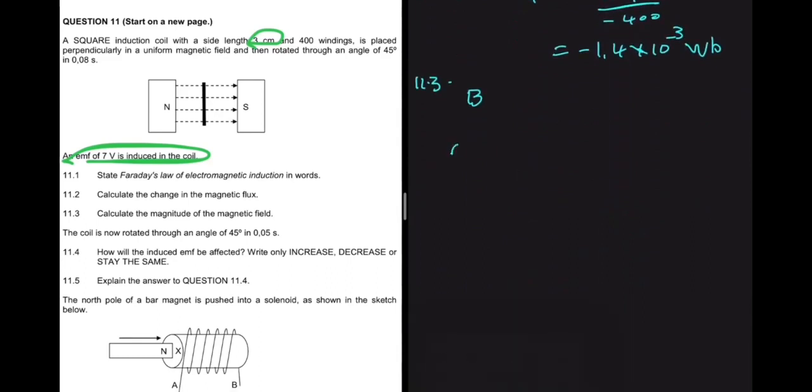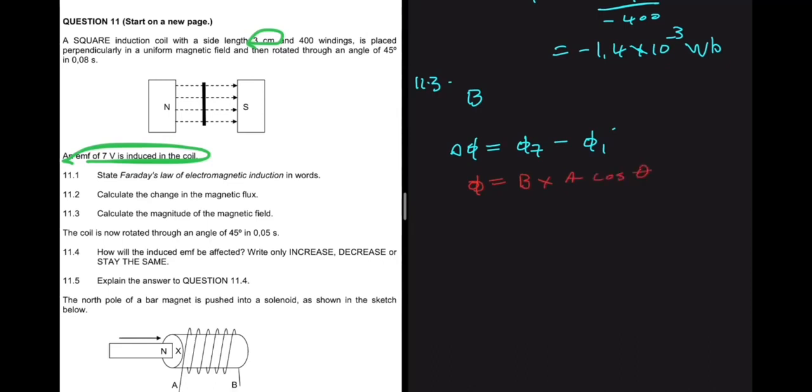The change in the magnetic flux, we've already established, is magnetic flux final minus magnetic flux initial. But then you have to ask yourself how we calculate magnetic flux initial and magnetic flux final, right? The formula for magnetic flux is the magnetic field multiplied by the area and then cos of the angle.